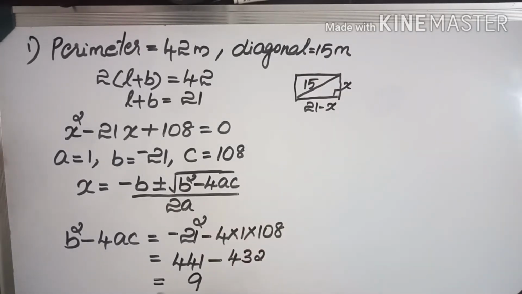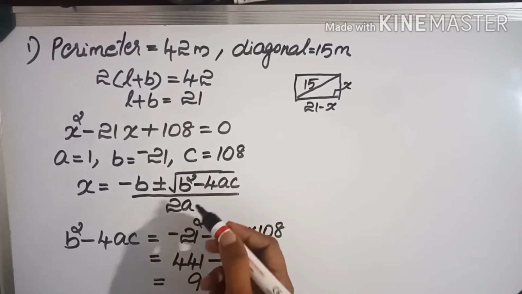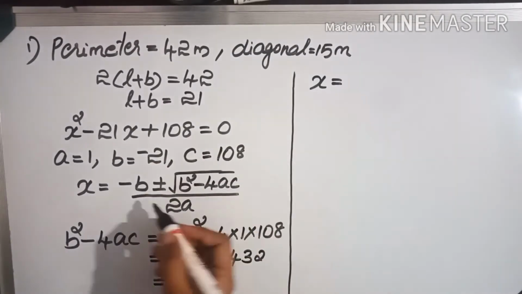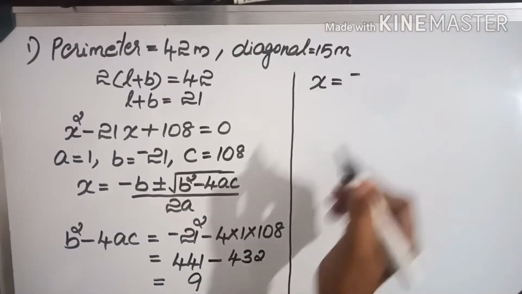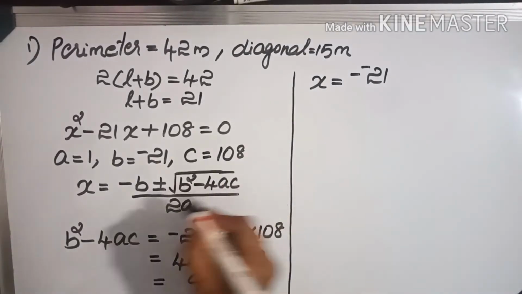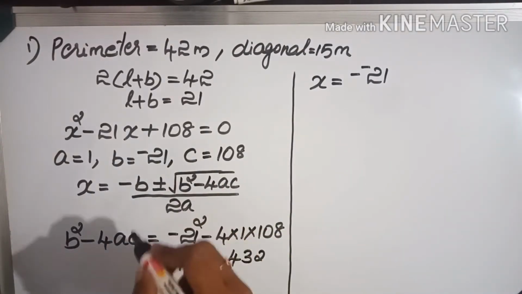Now let's apply these values in this formula. So x is equal to, first is minus b. First put the minus sign, then b, which is minus 21. You have to follow the order, then you can avoid mistakes.